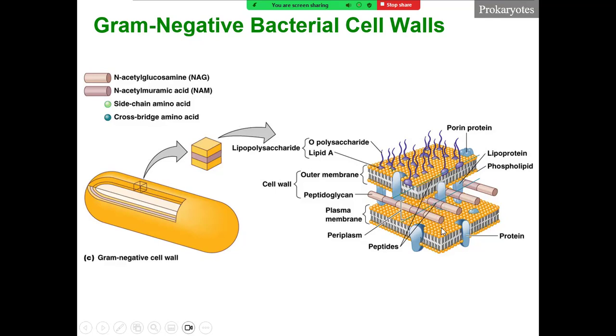It may also combine into the cell membrane. There are proteins, mainly the porin protein in the cell wall. And do realize lipid A is the important molecule in the gram-negative cell wall because it is an endotoxin.